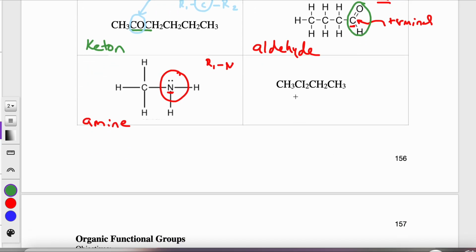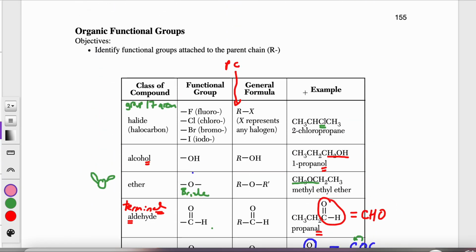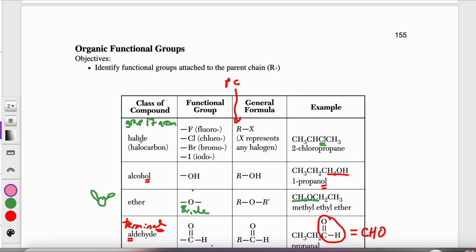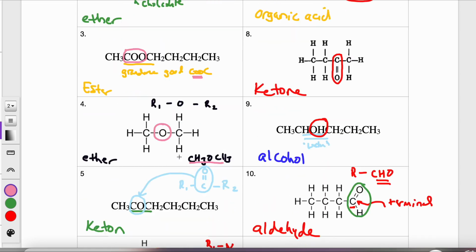Now, when I take a look at this one, looking left to right, this one to me is tricky, but I notice this letter I. And this is not carbon, hydrogen, oxygen, or nitrogen. This is I. And so when I come up here to take a look, this is a halide or a halocarbon.